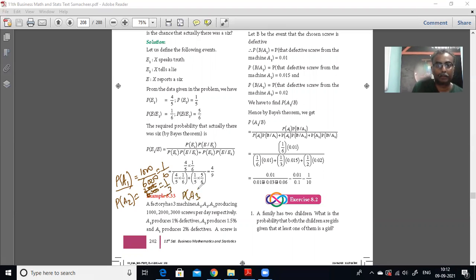Probability that a screw is manufactured by A3 is 3,000 by 6,000, that is 3 by 6, equal to half. 1 by 6, 1 by 3 and half. This is the first level. These 3 events, let us say, are E1, E2, E3.